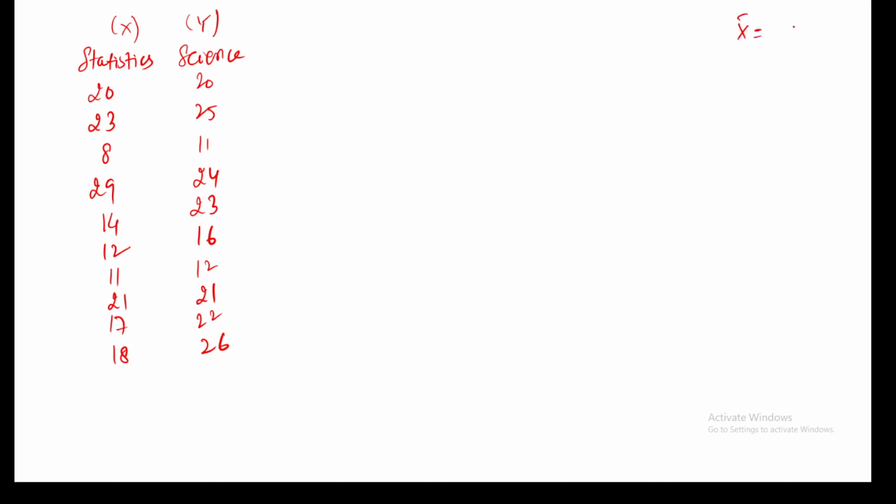X bar will be summation of x by n. That summation of x we will get with running totals 20, 43, 51, 80, 94, 106, 117, 138, 155, and then 173.